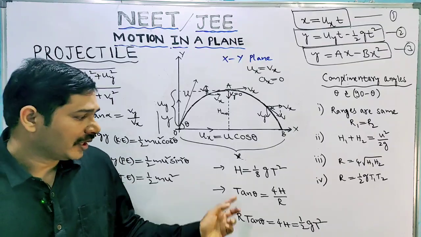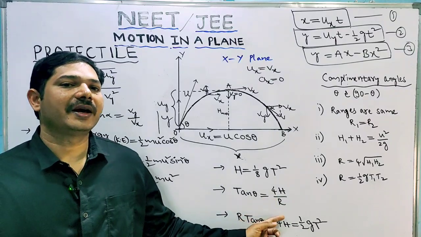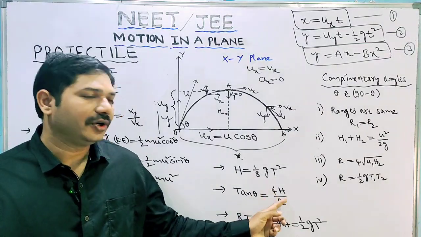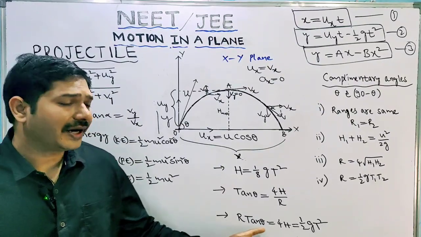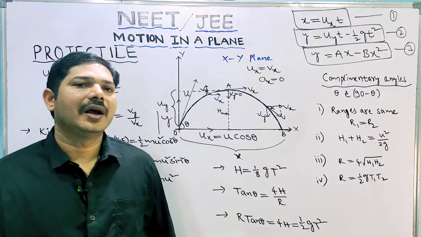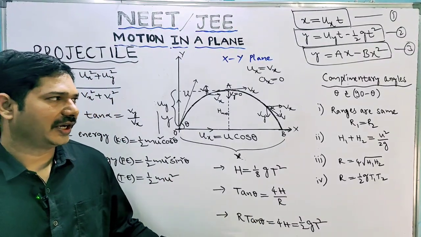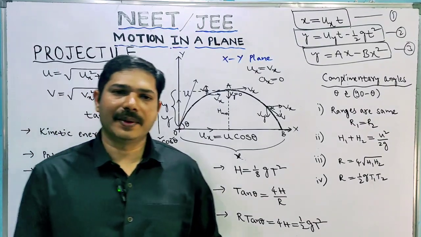Another one, tan theta equals 4h by r, maximum height by range. So r tan theta equals 4h, and that equals half g t square also. Afterwards, the most important topic, complementary angles.